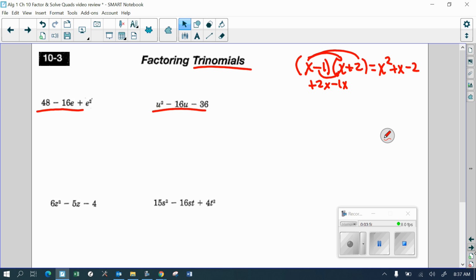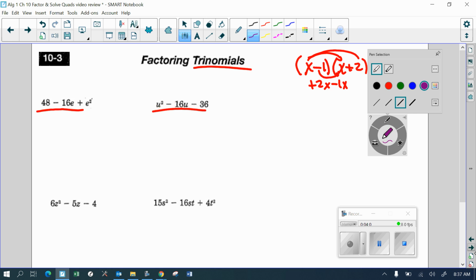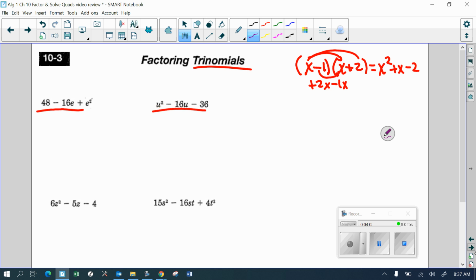Okay, so now going backwards from this answer, where did this x squared come from? It came from multiplying the first two terms together. So first off, I want to rearrange this in standard form. Remember, standard form is highest degree down. Now it's in standard form. So when I factor it, I get the first two terms, multiply these two together.